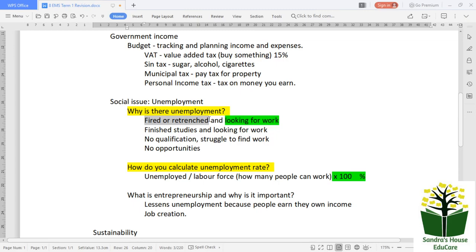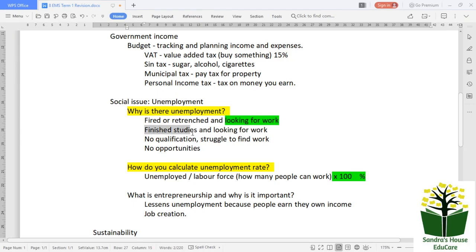Retrenched is if the company cannot afford to pay you anymore, and then they usually give you a retrenchment package and say, we can't afford to pay you anymore, so unfortunately you have to leave, but we will give you X amount of money, or we'll give you your salary for a couple of months, but you can't work for us anymore. So that's retrenchment, and then they are looking for work, so they're unemployed because they don't have a job anymore.